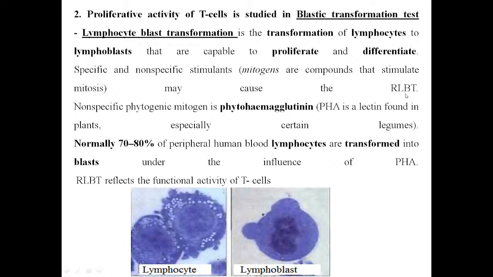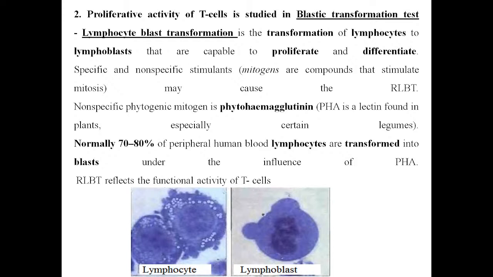A non-specific phytogenic mitogen is phytohemagglutinin. Phytohemagglutinin may also be used to stimulate blastic transformation of lymphocytes to lymphoblasts. For example, it is a lectin that is found in plants, especially in certain legumes.